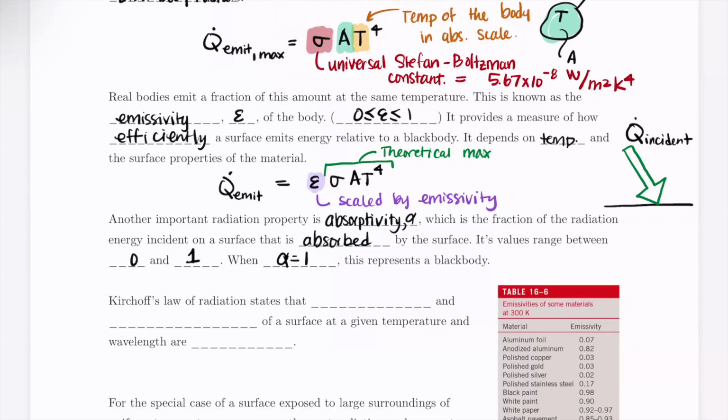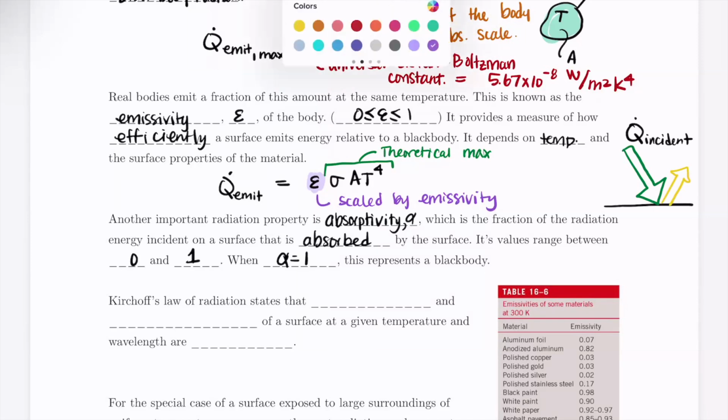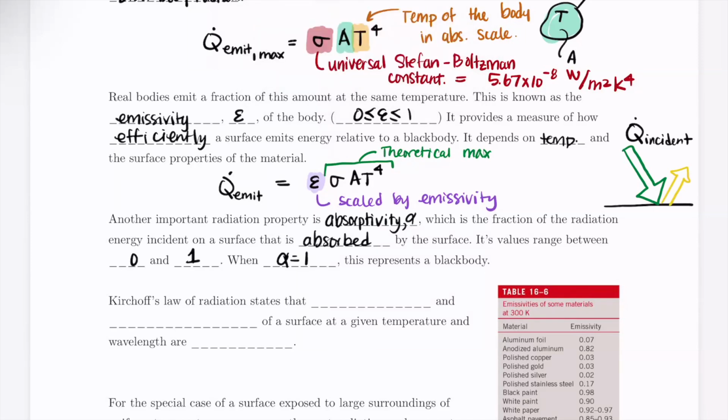Some portion of this is going to be reflected. And then another portion of it will be absorbed. So this is Q dot absorption, and it's equal to alpha times the Q incident.